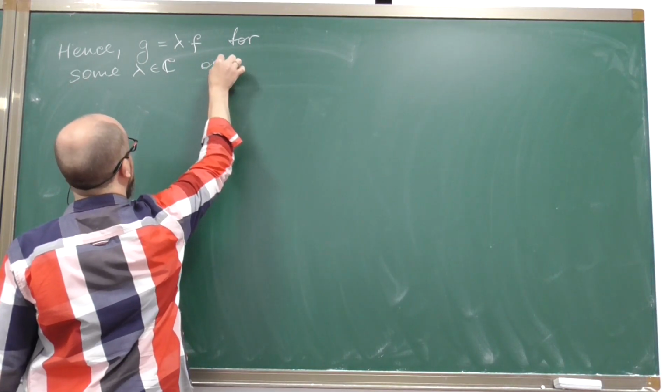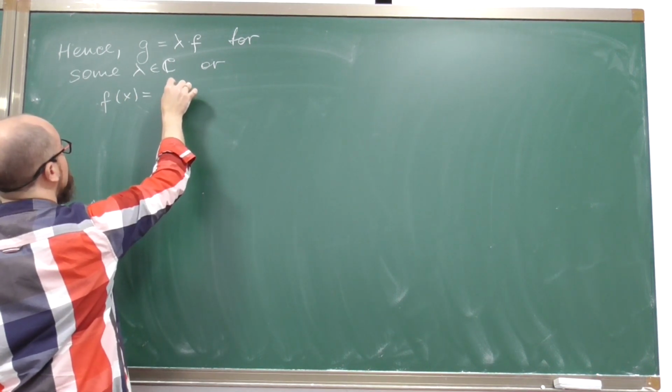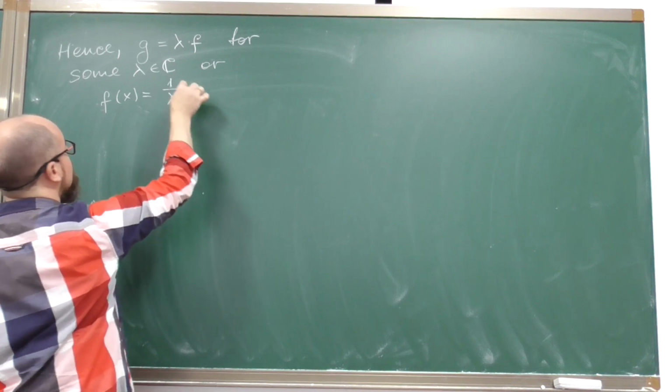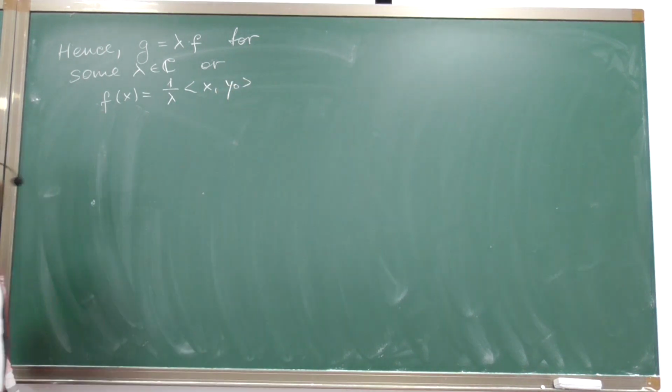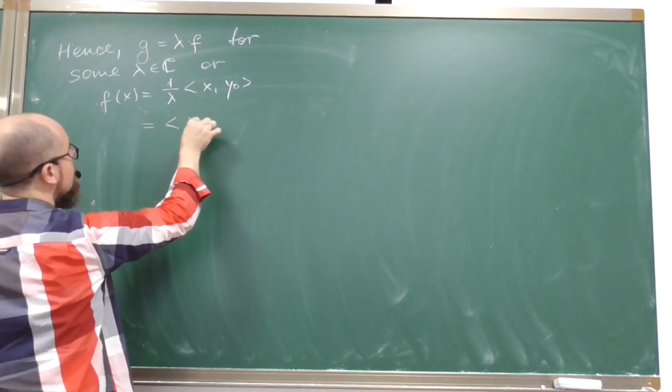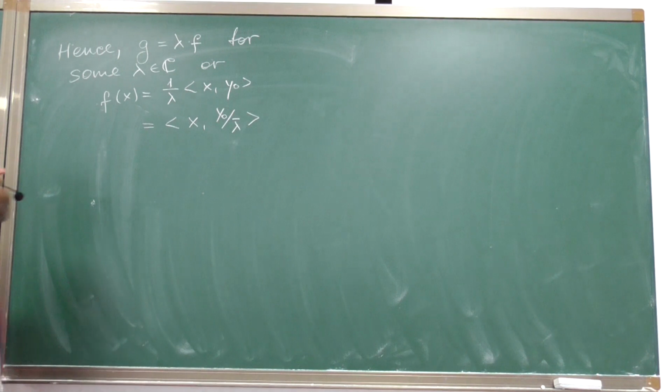Or f of x equals 1 over lambda times the inner product of x and y0 by the definition of g. Lambda is not 0 as we discussed previously, otherwise both g and f would be 0 functionals. So f of x equals the inner product of x and y0 over lambda bar. And that will be exactly the y sub f which we're looking for.